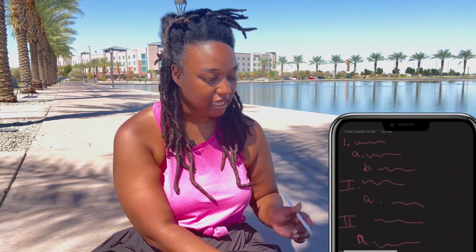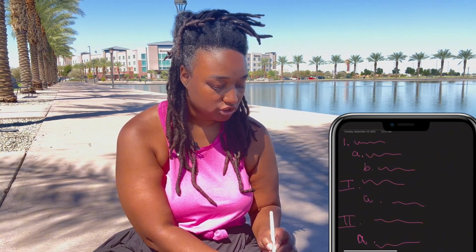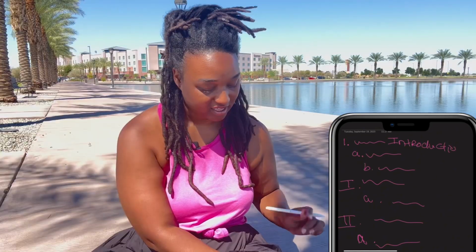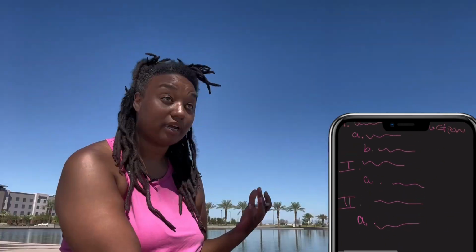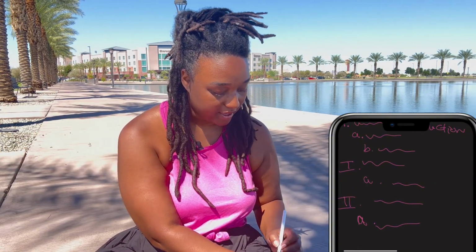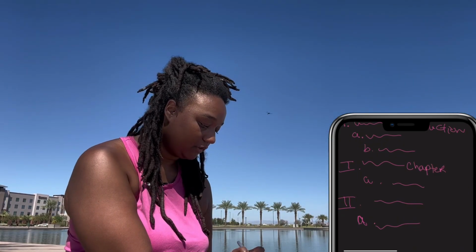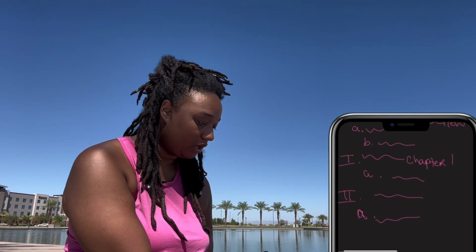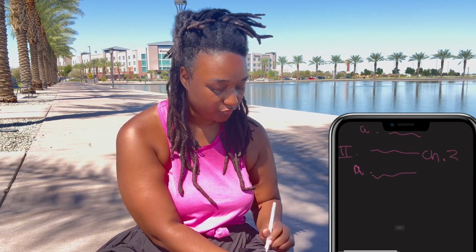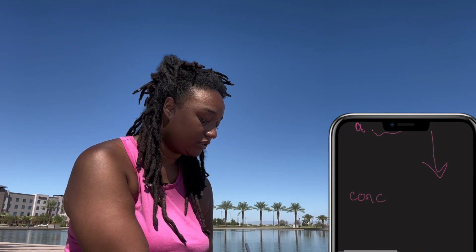What this looks like in a book outline, you may have the introduction, right? And excuse my handwriting. Then you might have chapter 1. And then Roman numeral 2 will be chapter 2, and so forth until you get to the conclusion.